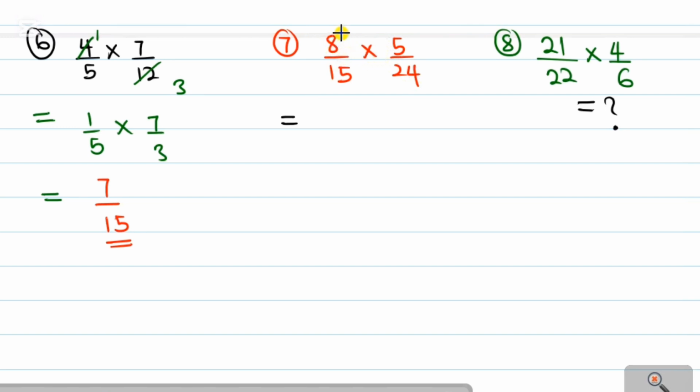Here, 8 can divide 8 to give us 1, and 8 into 24 is 3. Now 5 can divide 5 to give us 1, and 5 into 15 is also 3. So we can do our straight across multiplication here. 1 times 1 is 1, all over 3 times 3 is 9, and that is your solution.